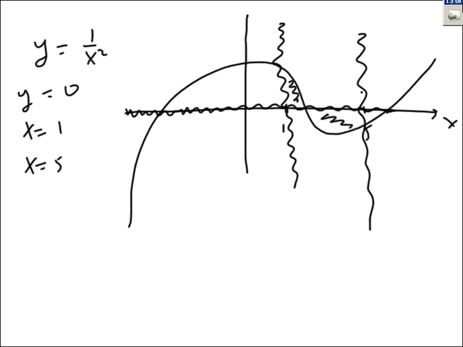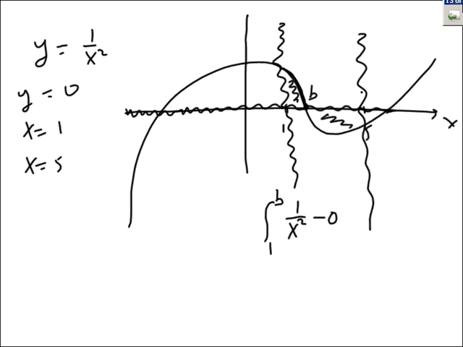In this case, I would integrate, so let's call this b. I would integrate from 1 to b, and I would have one function minus the other.